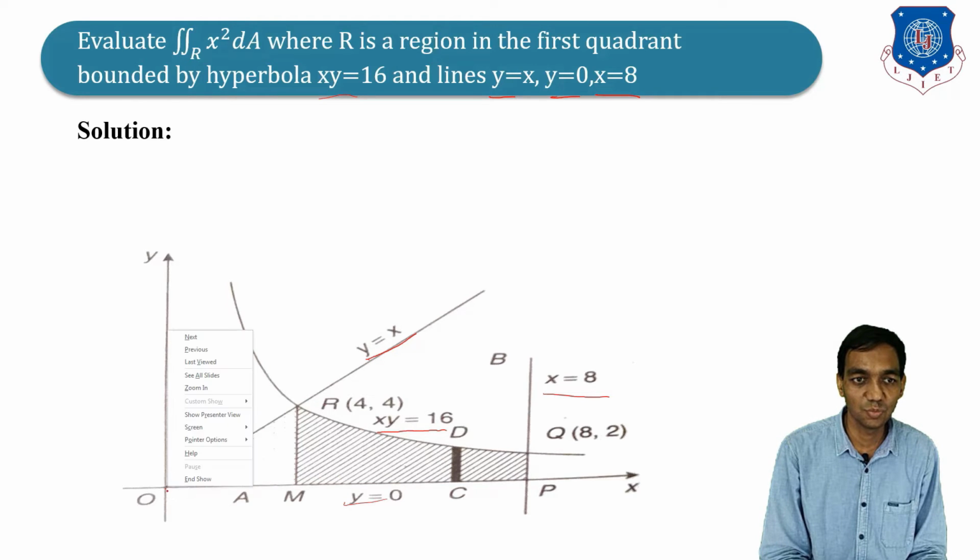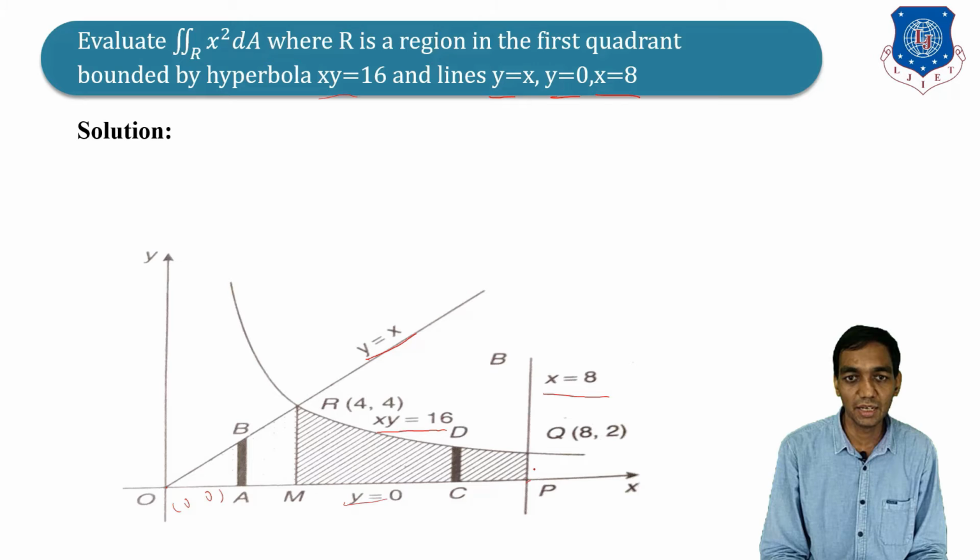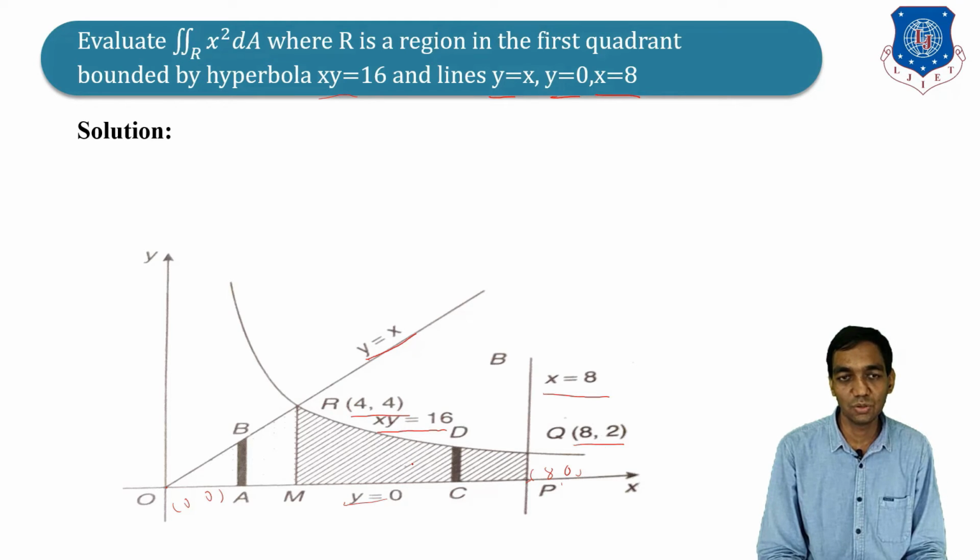Now obviously this point is 0 comma 0. Correct? This point is your 8 comma 0. This point is 8 comma 2. And this point we have written is 4 comma 4. You have to find the intersection points by substituting the value from one curve into another curve. Okay?